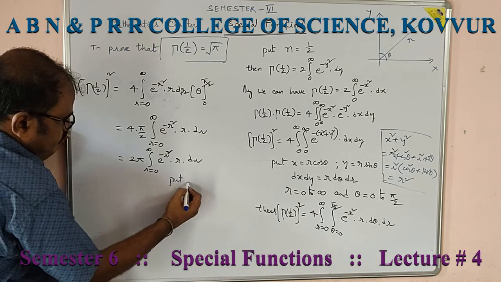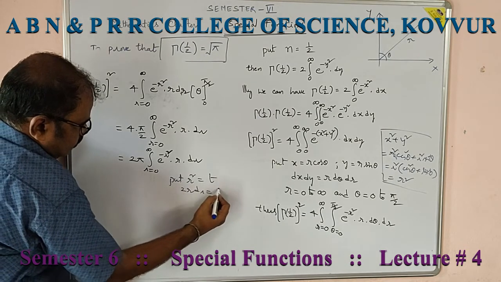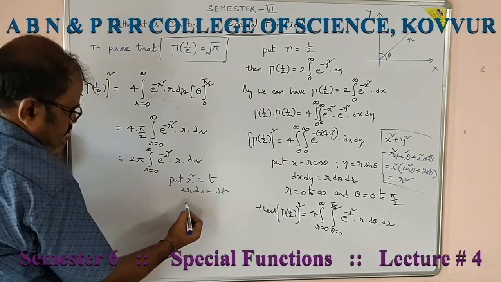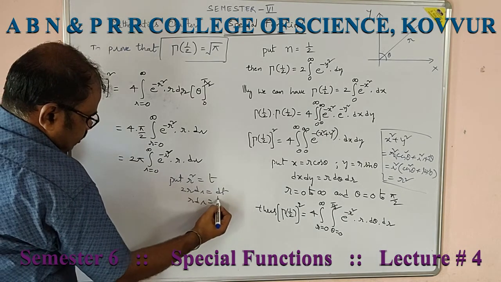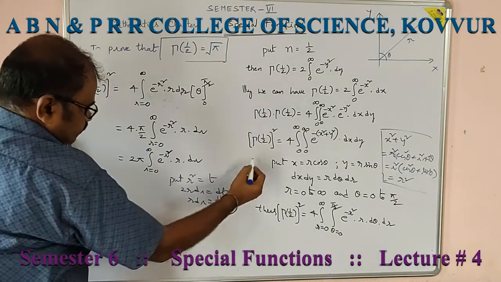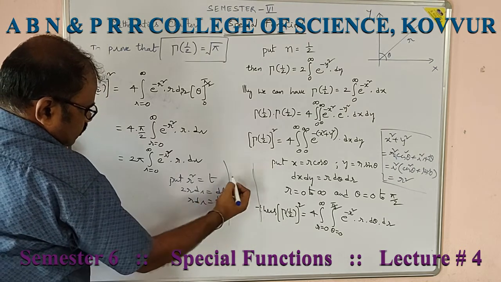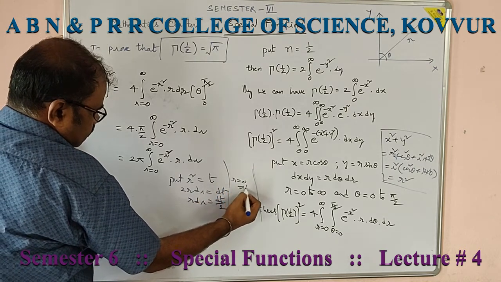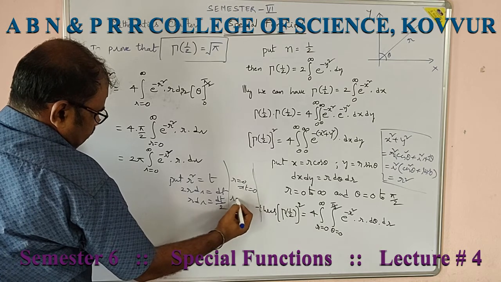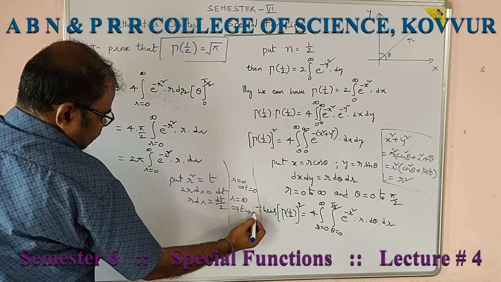Put r square is equal to t, 2r dr is equal to dt, so r dr is equal to dt by 2. The limits will change like this. When r is 0, t is 0. When r is infinity, t is also infinity.